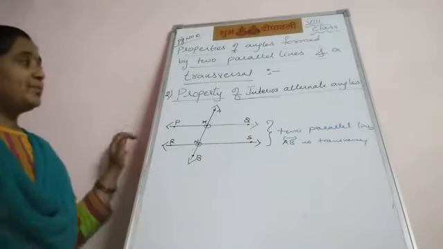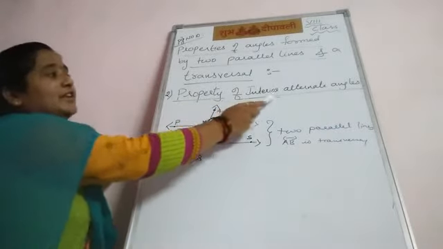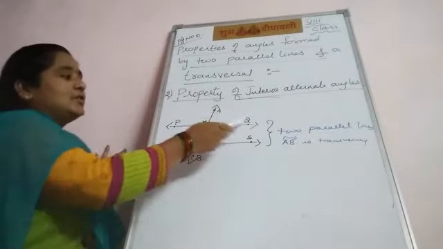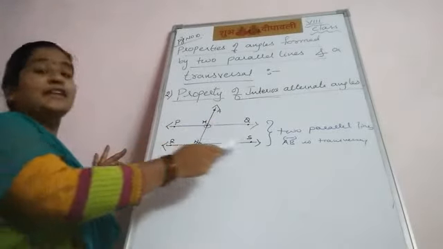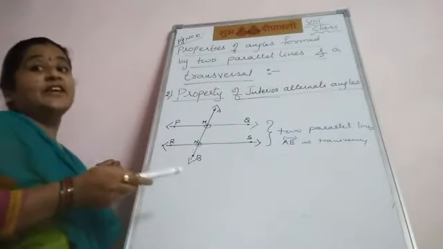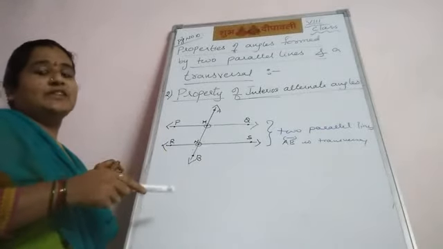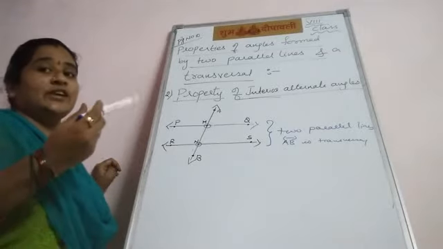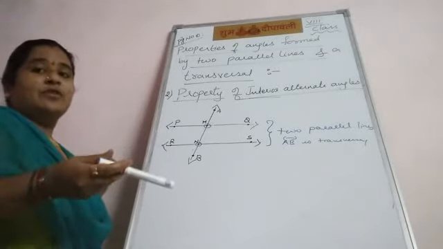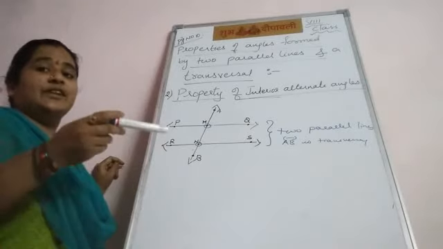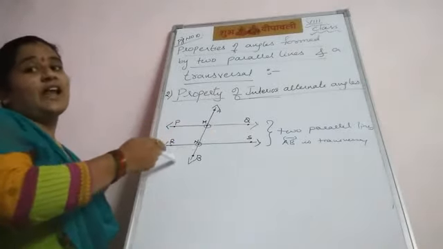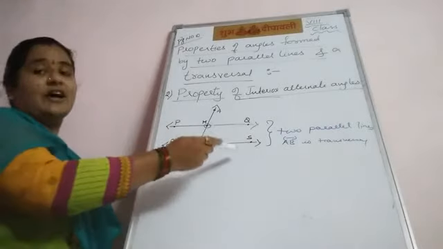Now, second property is property of interior alternate angles. Same concept, here also line PQ and line RS are two parallel lines and line AB is a transversal. In the previous video, I explained about the interior alternate angles. Interior means what? Angles formed between the two lines, line PQ and line RS.